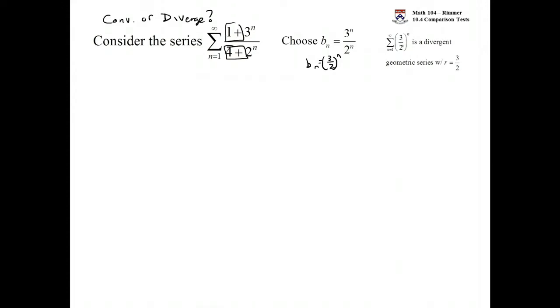Every time you get a term, it'll be from the previous term another power of 3/2. Why is it a divergent geometric series? You can tell whether a geometric series is divergent or convergent based on the value of the ratio. Here the ratio is 3/2, which is greater than 1, so divergent.